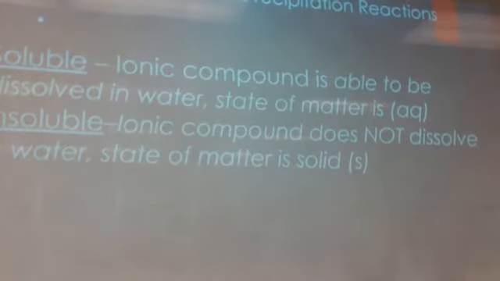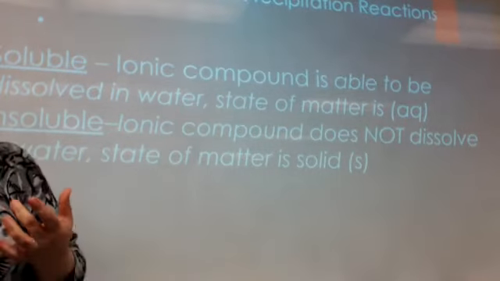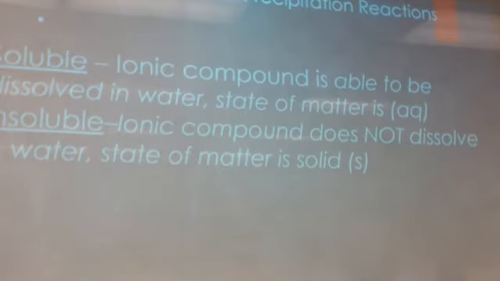Okay, couple of terms that we're going to use. So we've been talking about dissolving. When something dissolves, we use the term soluble. Okay, soluble just means it's able to be dissolved, able to be broken into its ions.